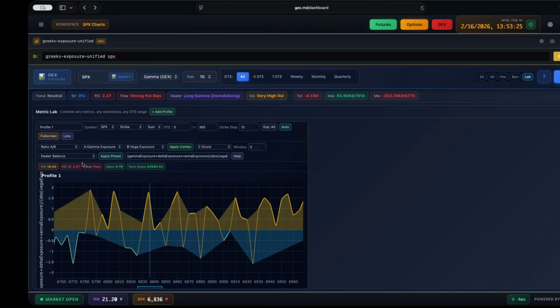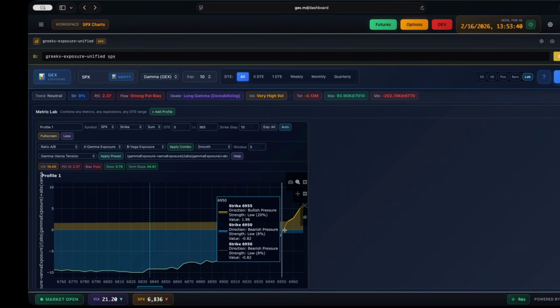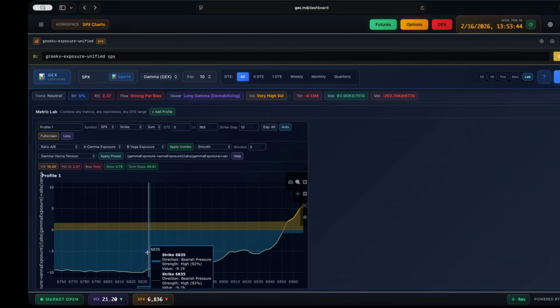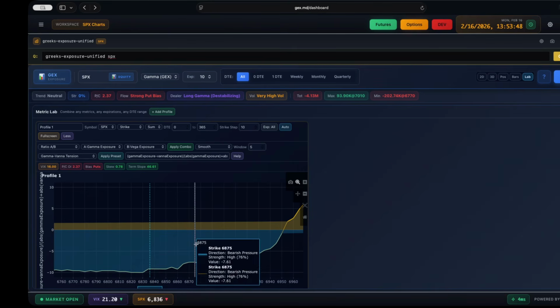And then you see a flow acceleration, you get the banner gamma tension. This is a nice one too, because you get who is tensioning the strike more, up and down. You can see it is kind of equal right there at 69.55, but right there the put is tensioning a lot.